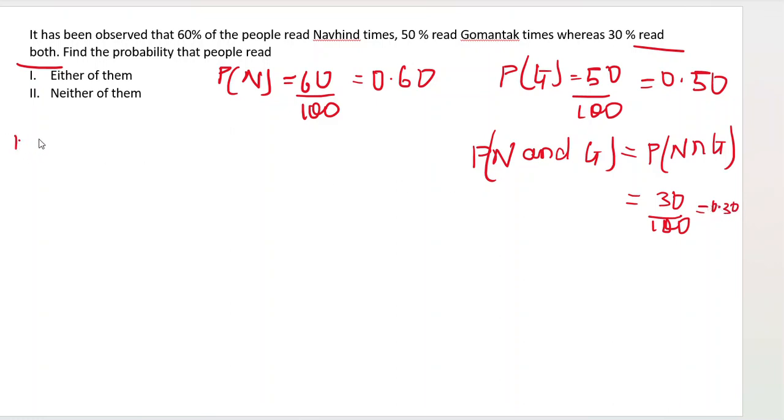We are interested in probability of either, that means probability of Navin times or Gomantak times.